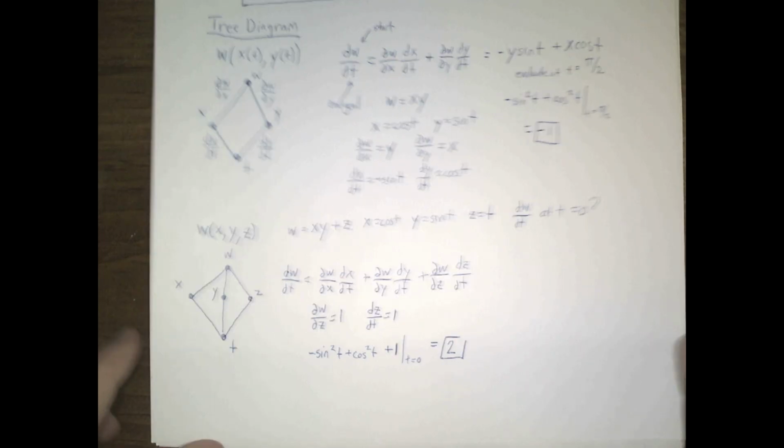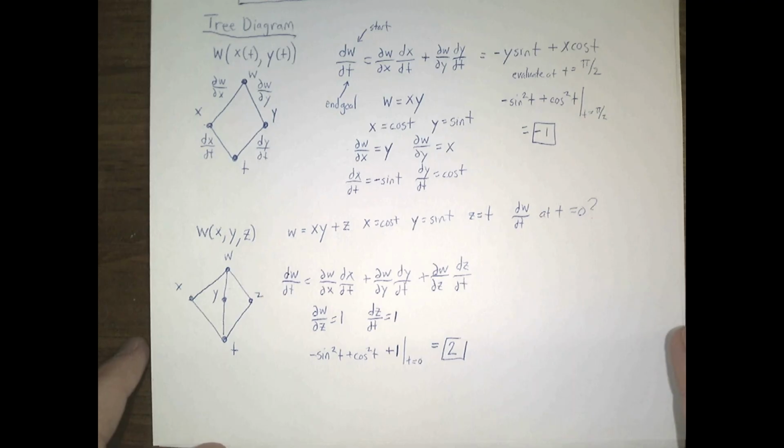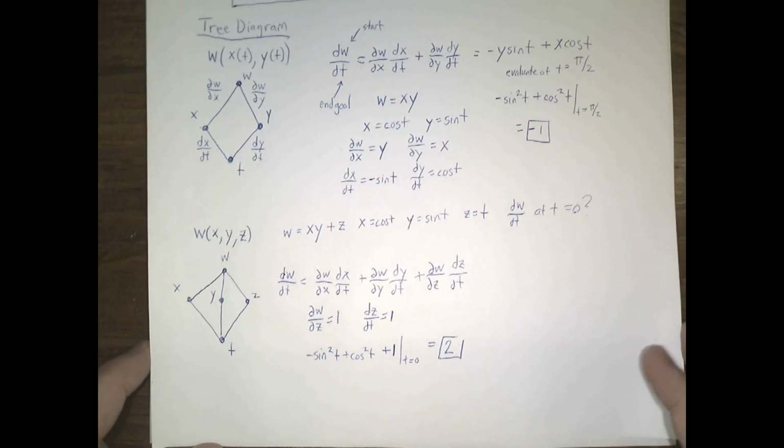Well, what if x, y, and z all depend on 2 variables? What do we do in that situation? What we can do is essentially just get more choices.